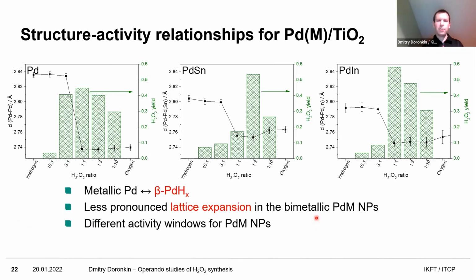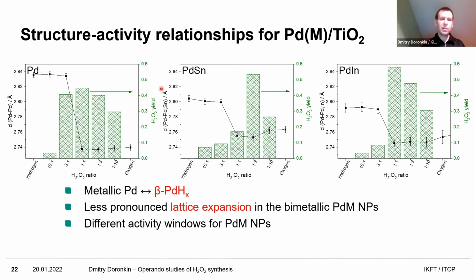Now, to finalize this part, I can show the structure-activity relationships. That's our ultimate goal, to get the idea of what's the active and stable state of each catalyst. So we need to know if it's active, and for palladium we can see under reducing conditions, 3:1 ratio, it's quite active.